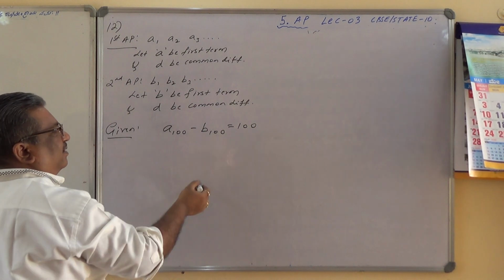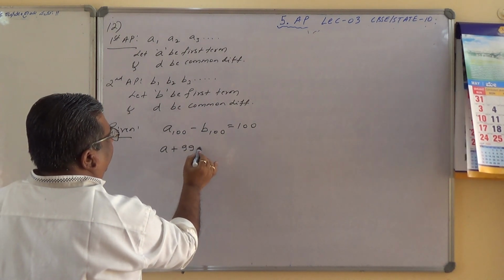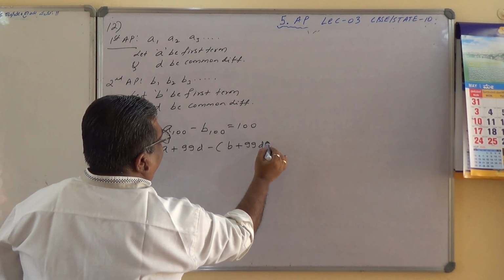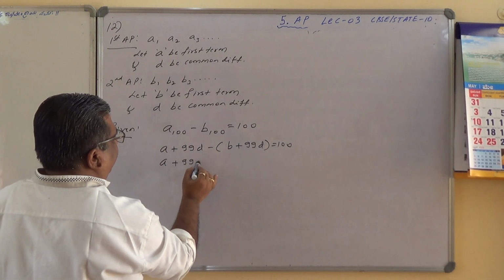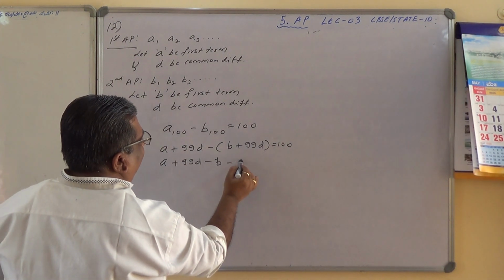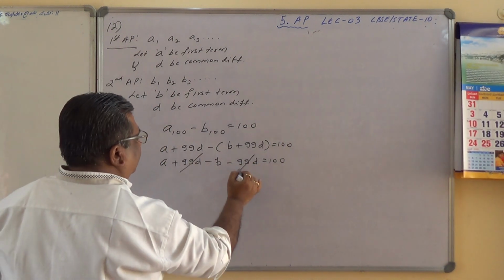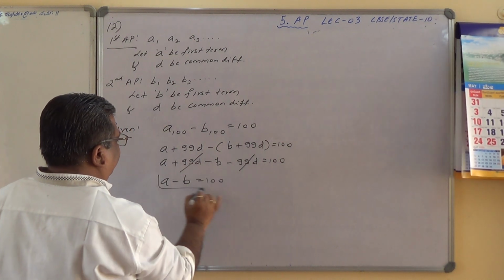A100 minus B100 is equal to this. What is this one? This is A plus 99D minus (B plus 99D) equals 100. So A plus 99D minus B minus 99D equals 100. So this will cancel. A minus B equals 100.